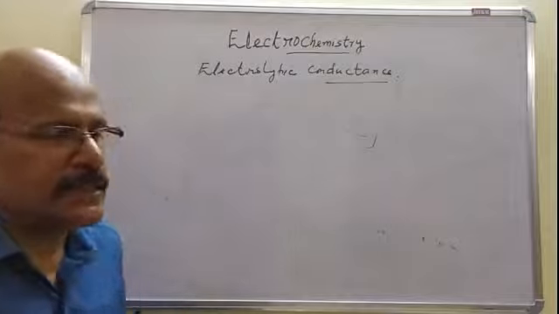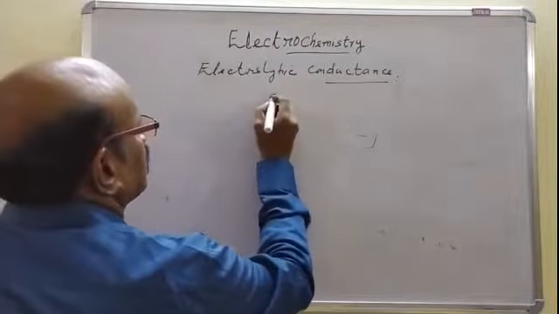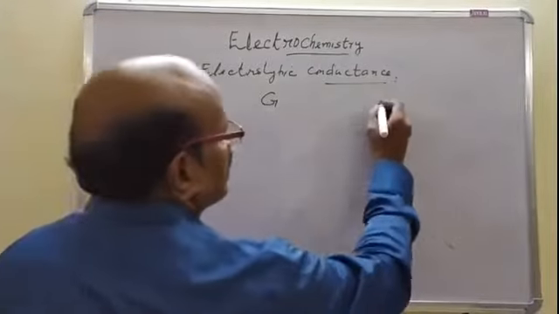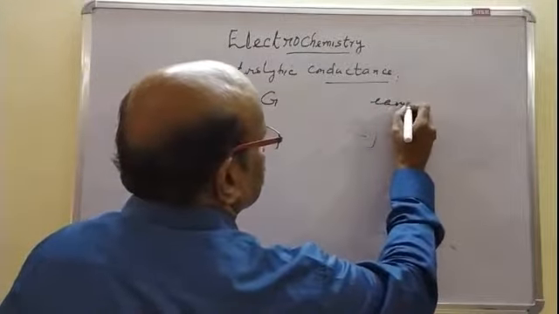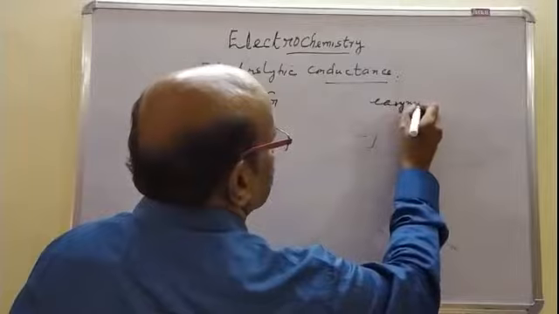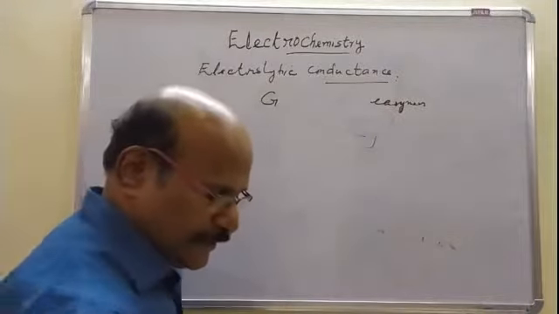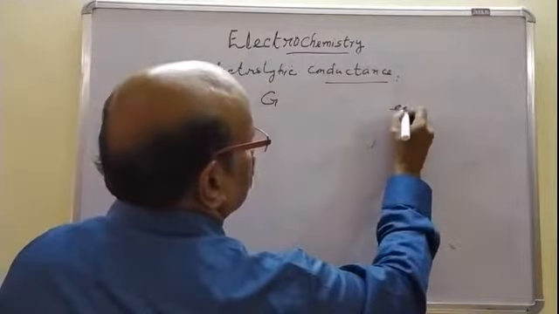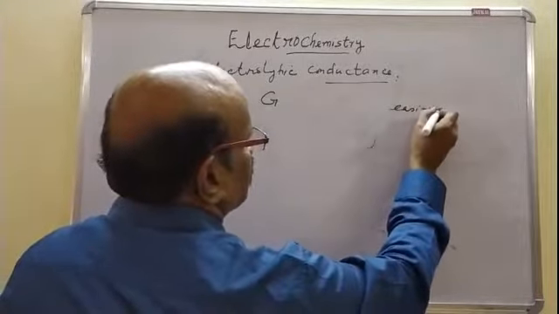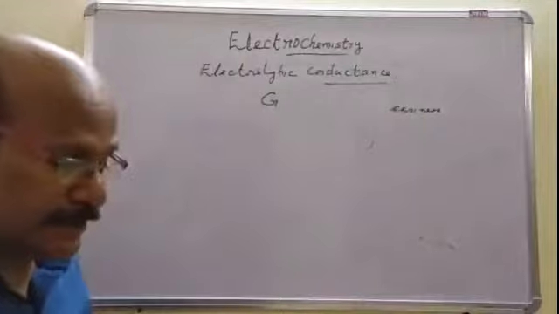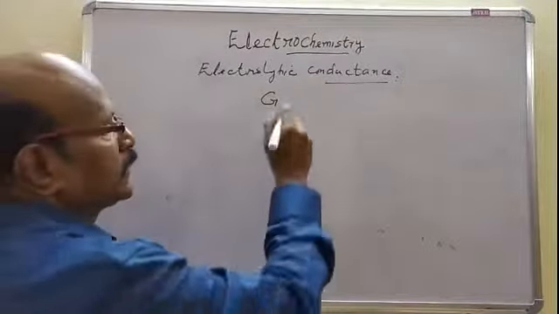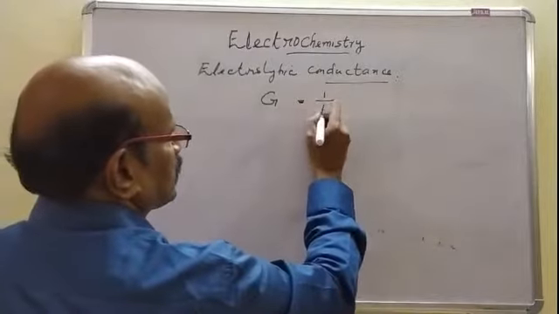The conductance G is defined as the easiness with which a material can pass electricity through it. It is the measure of the easiness with which a material can pass electricity through it, and therefore it is defined as the reciprocal of the resistance.